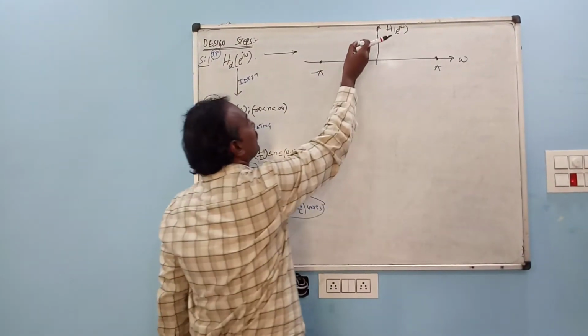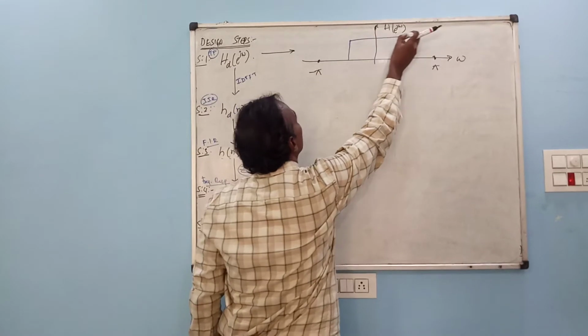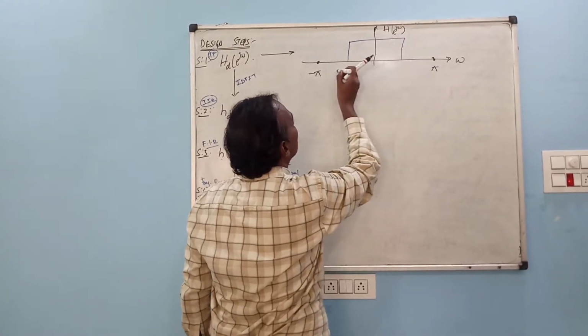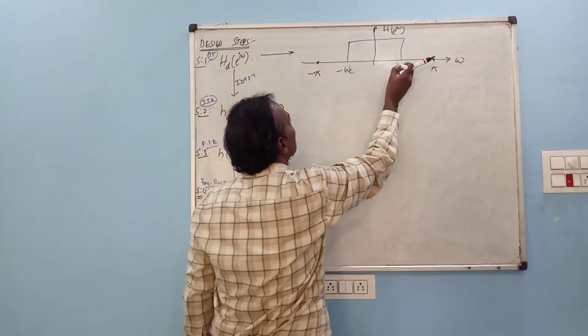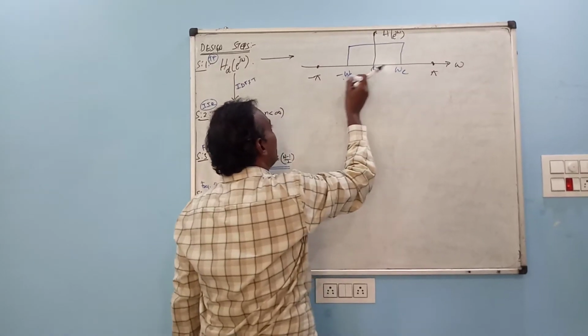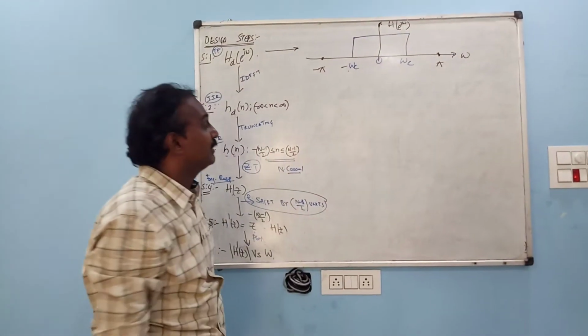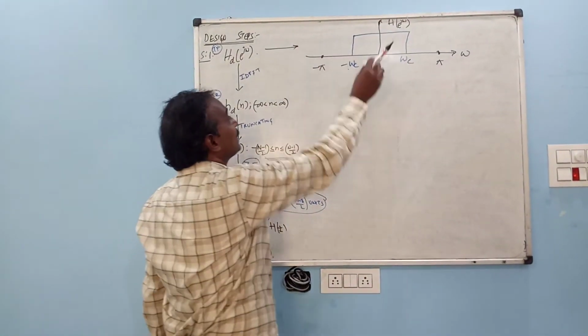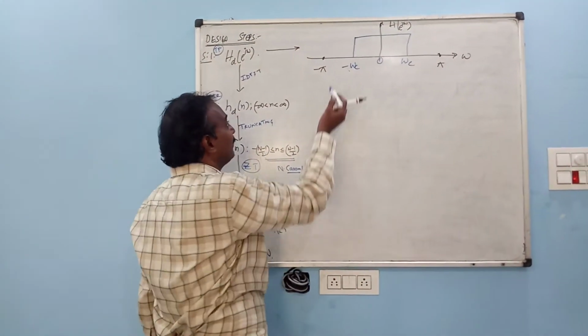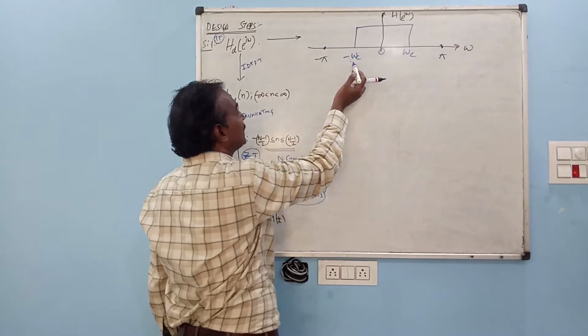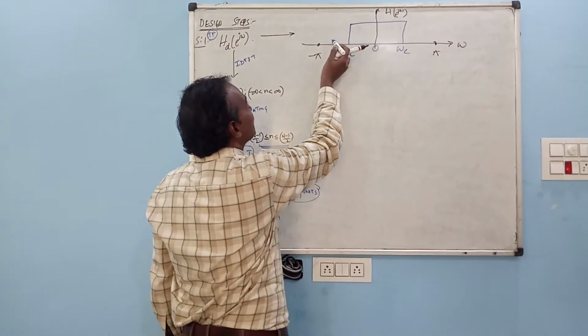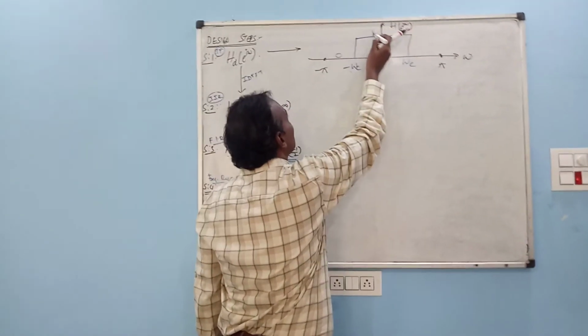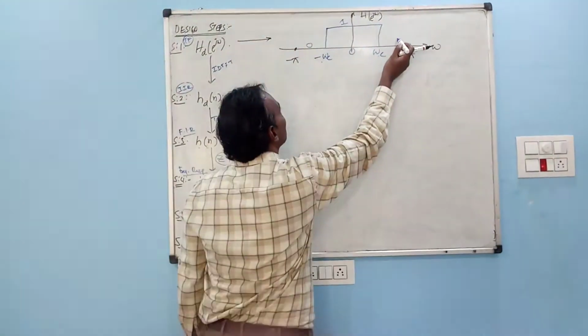If I take a low pass filter, the cutoff frequency is minus omega c to plus omega c, so the cutoff frequency of this low pass filter is omega c. From minus omega c to omega c the amplitude is 1, and from omega c to pi it is 0.